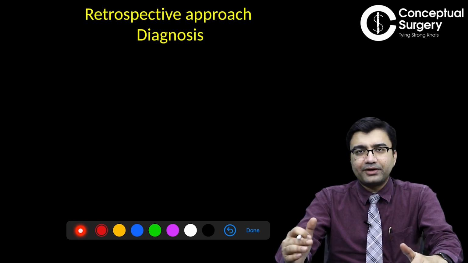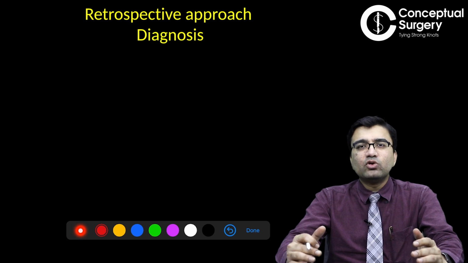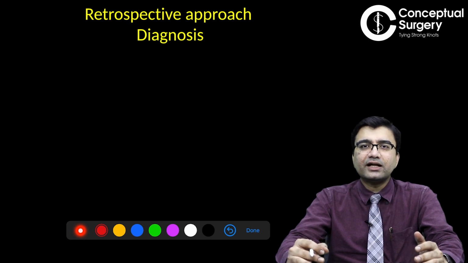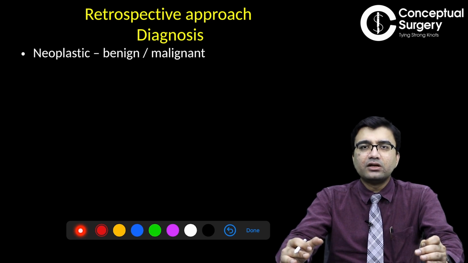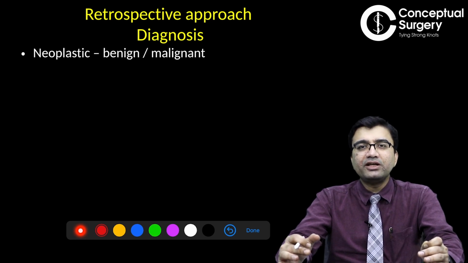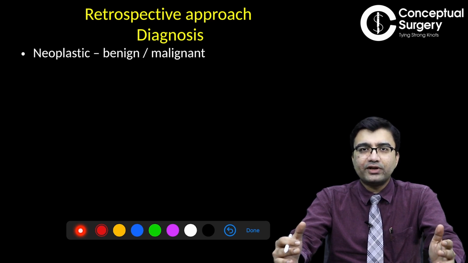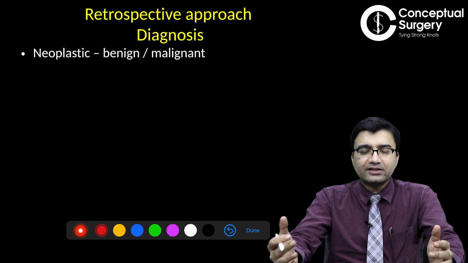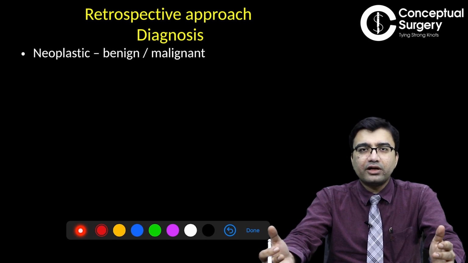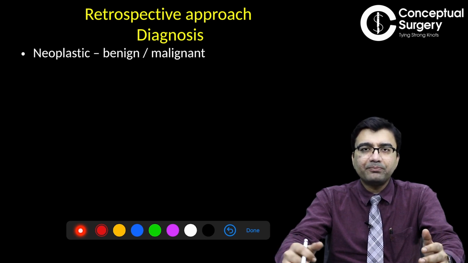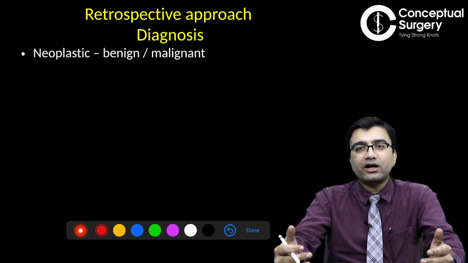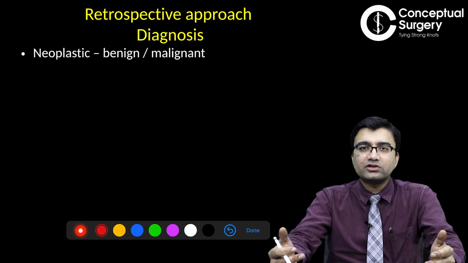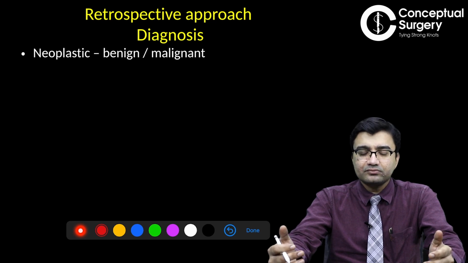Whenever there is swelling, like I said, the most common diagnosis that comes to mind is neoplastic. Neoplastic does not mean cancer. Neoplasm is any abnormal swelling which grows as compared to its surroundings in an uncoordinated way, and the growth persists even after the stimulus which caused it ceases to exist.